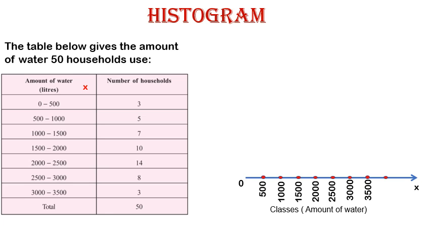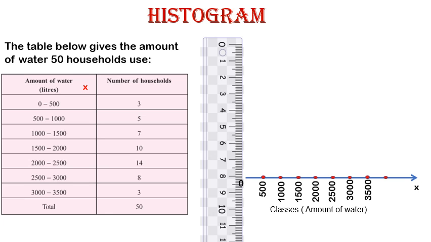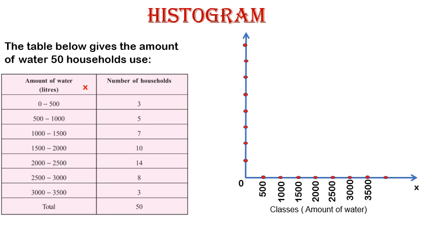Then draw a vertical line just to the left end, and here also mark dots 1 centimeter apart. This line is the y-axis. Then denote frequencies along the y-axis. Frequencies means number of households.